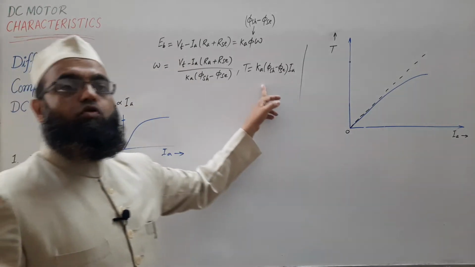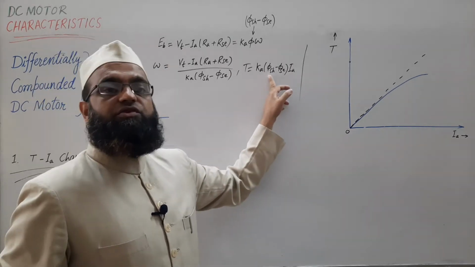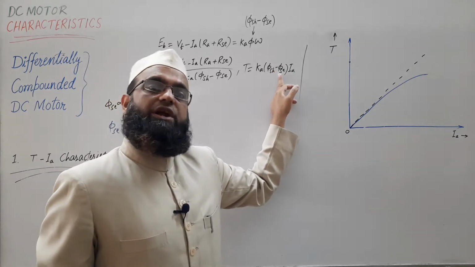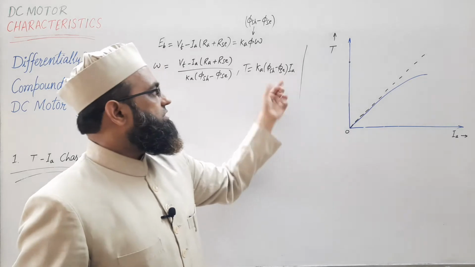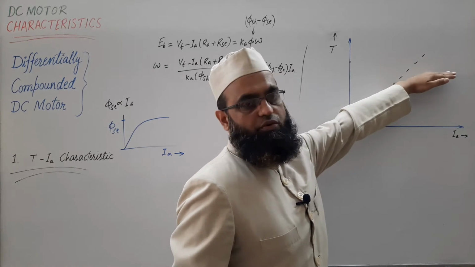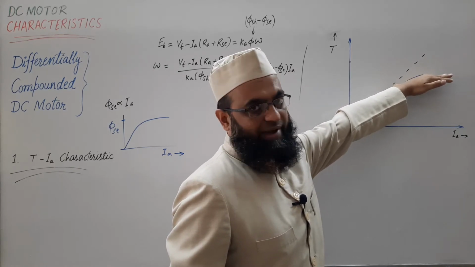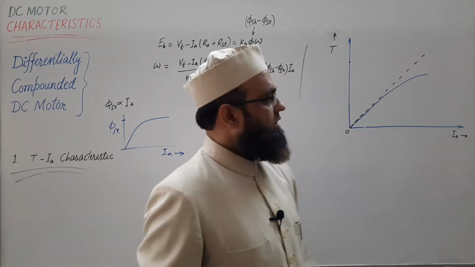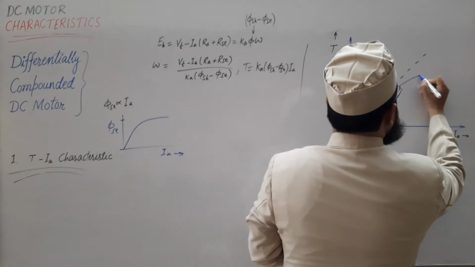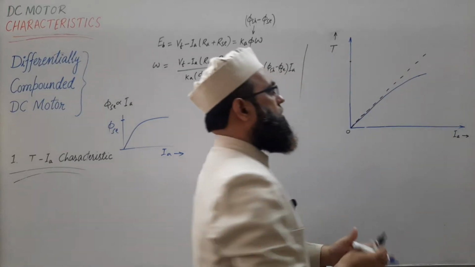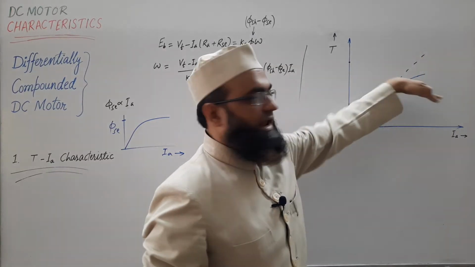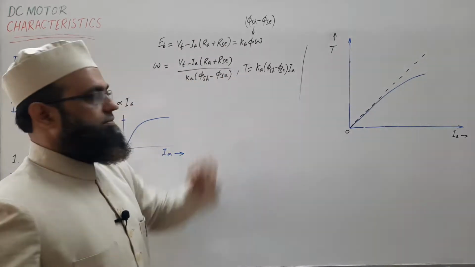So if we have a strong shunt, that is, this shunt field flux is enough to tackle even the saturated value of series field flux, this difference will be positive. So this will have some positive slope. Fine, non-zero. So the curve will be like this. If you want to draw a tangent, that will have certain finite value of acute angle with this horizontal axis for a strong shunt.